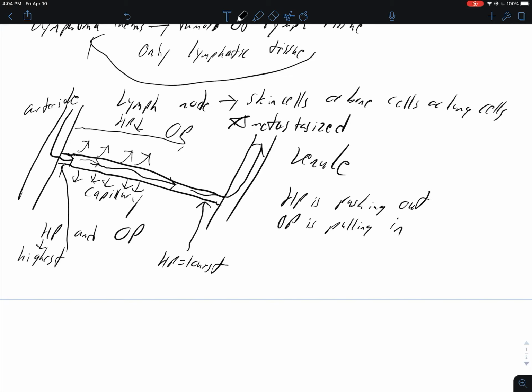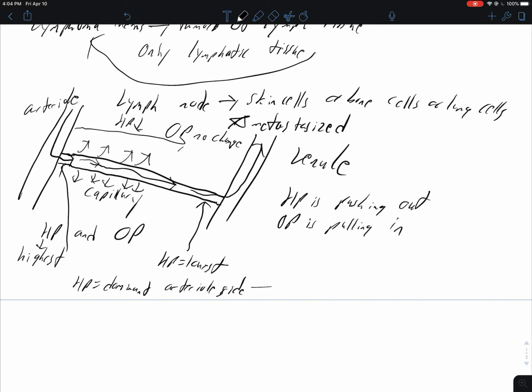But what about osmotic pressure? It doesn't change, because we're just losing water. The level of proteins and things that cause osmotic pressure don't change. But as hydrostatic pressure is dropping and osmotic pressure isn't changing, HP was the dominant pressure on the arterial side, meaning that it's higher than osmotic pressure.